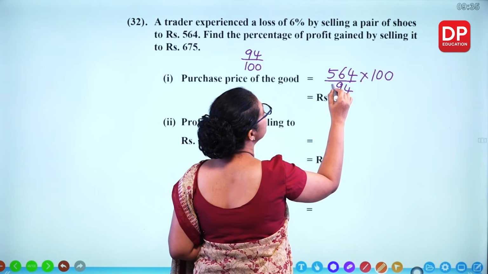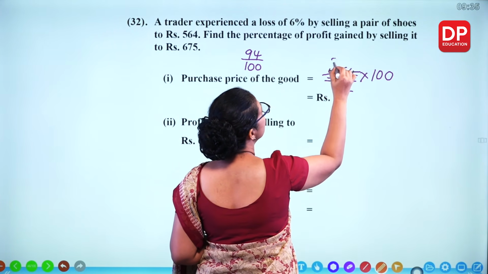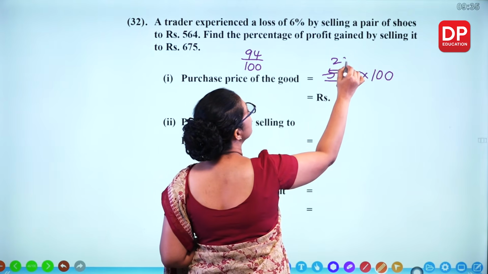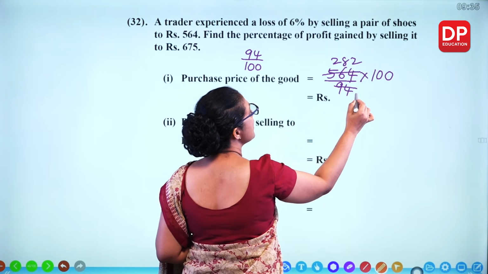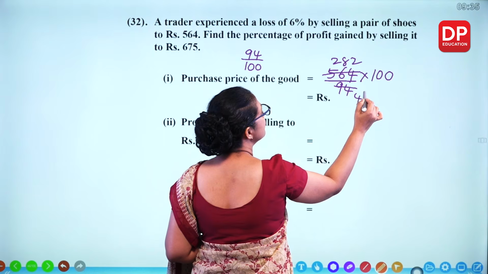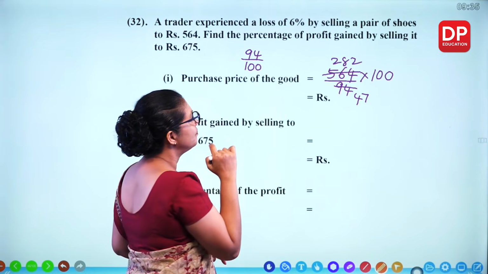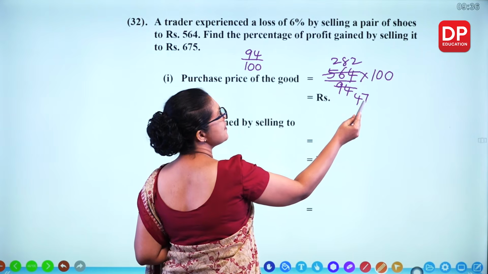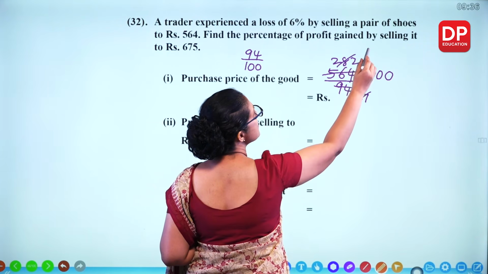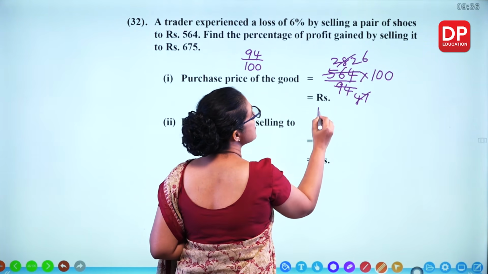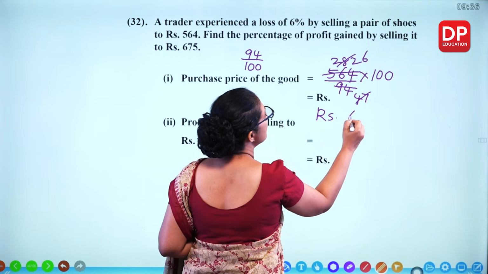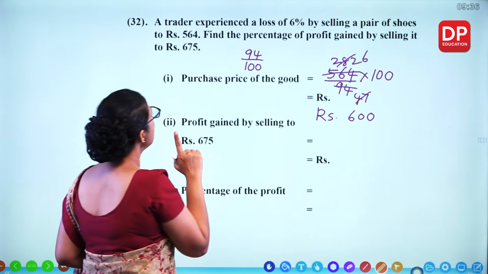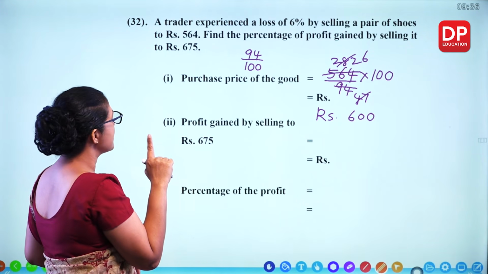Divide by 2, divide by 2 here. Then 47 times 6. So this is 6. So you get 600 rupees. That's the purchase price.